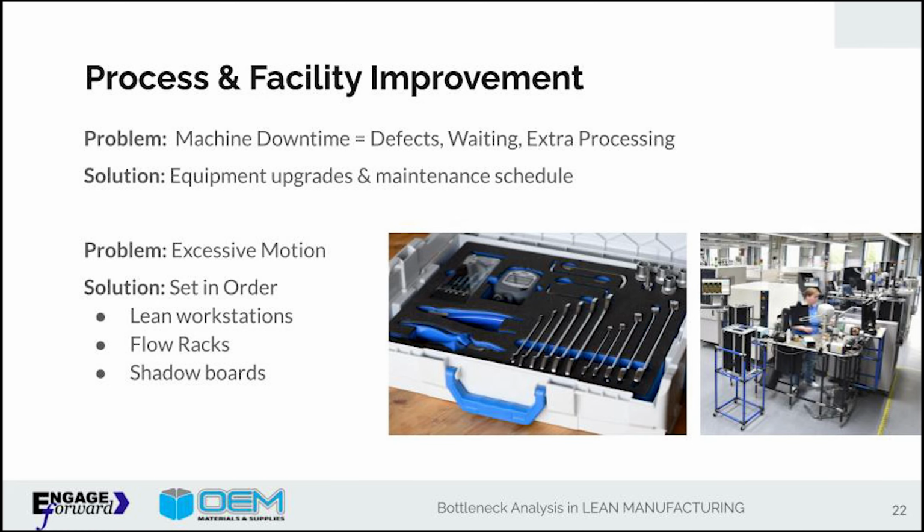And that's why we address the shadow box early on, to make sure that everything is in its place when it's needed, and you won't have motion because the operator will have everything he or she needs at that time. Part of removing unnecessary product is the sorting from the work cell area. And then we set everything in order and find out exactly what they need to do this particular task.